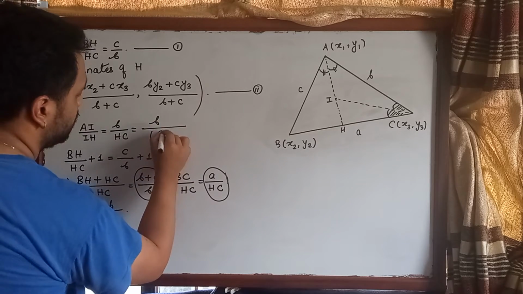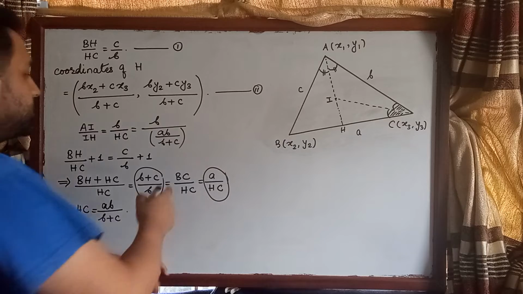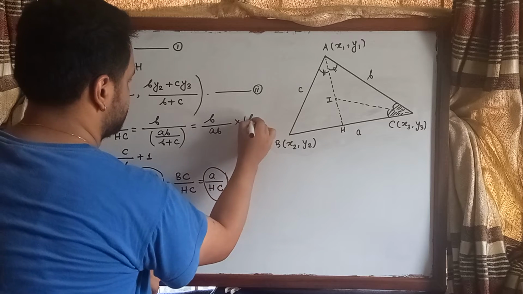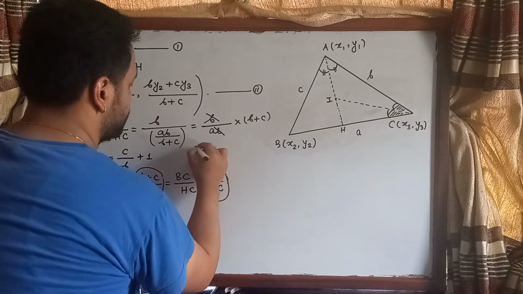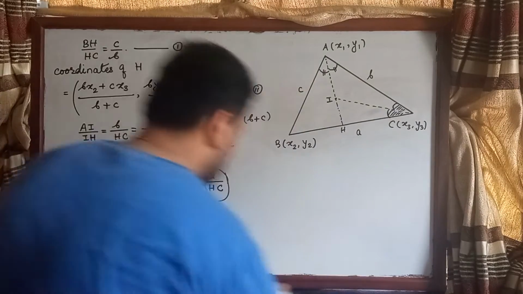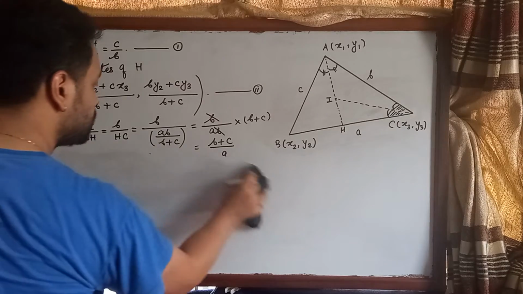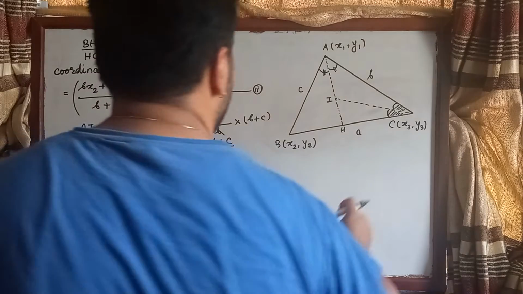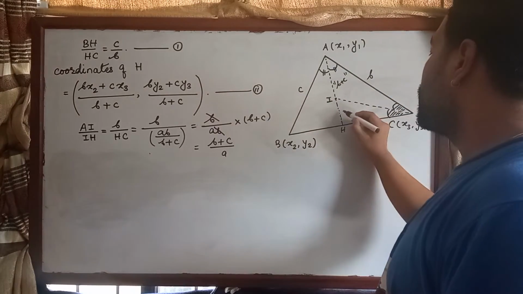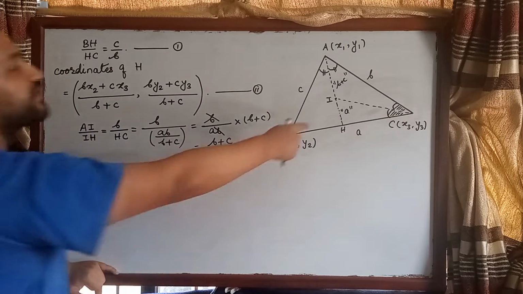HC was AB over B plus C. So this will be equal to B over AB times B plus C. This B cancels out this B, so B plus C over A. Okay, B plus C over A. So AI over IH is equal to B plus C over A. So this will help us to get the coordinates of I finally.